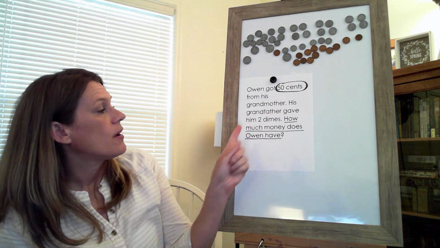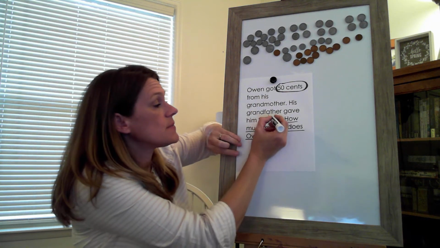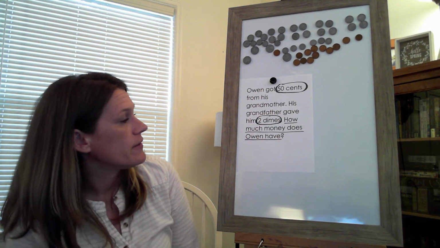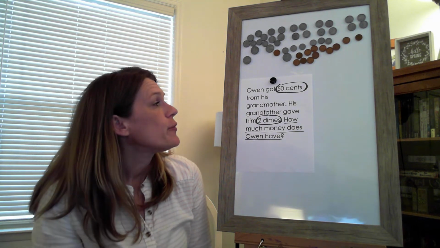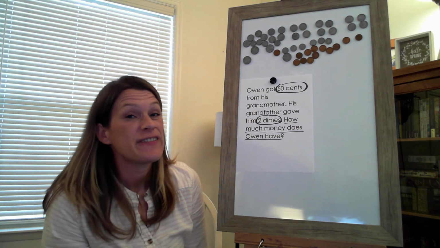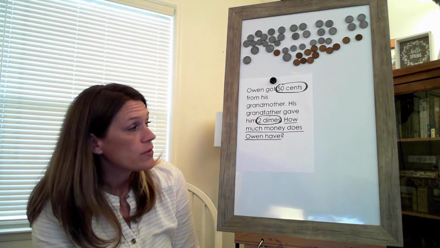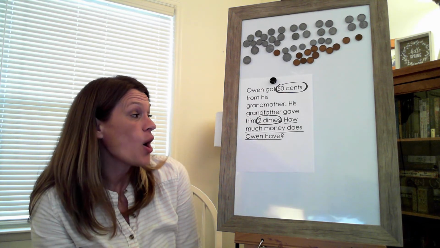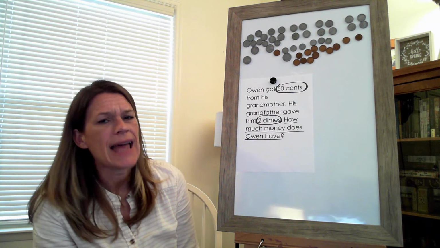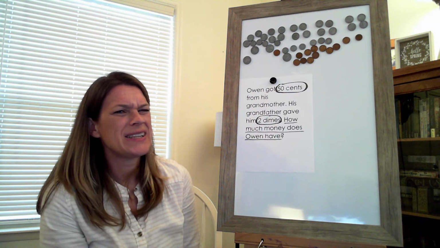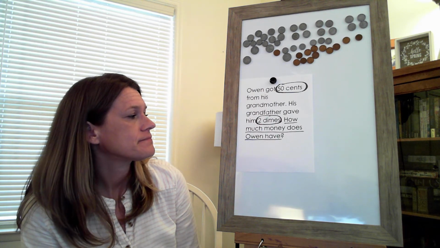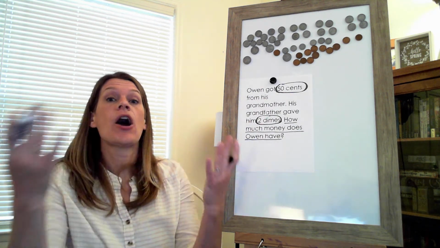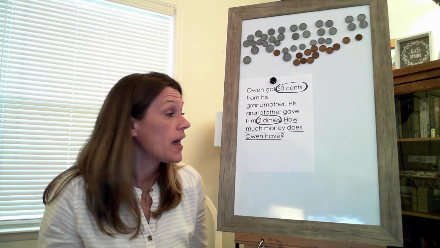All right, we also know that he got 2 dimes from his grandfather. Also very, very kind. So if we know that he received 50 cents and we know that he received 2 dimes, and the question is, how much money does Owen have? Are we supposed to add those numbers together, or do we need to subtract some money? That's right, we need to add some money together to find out how much Owen has all together.